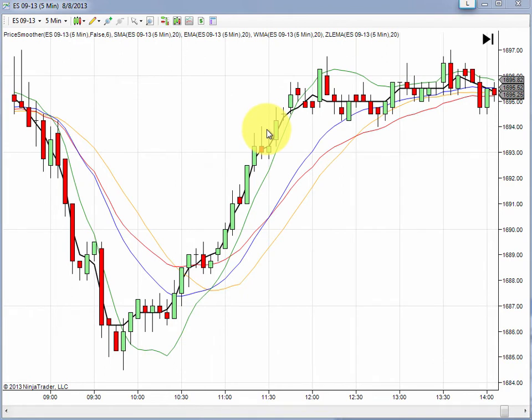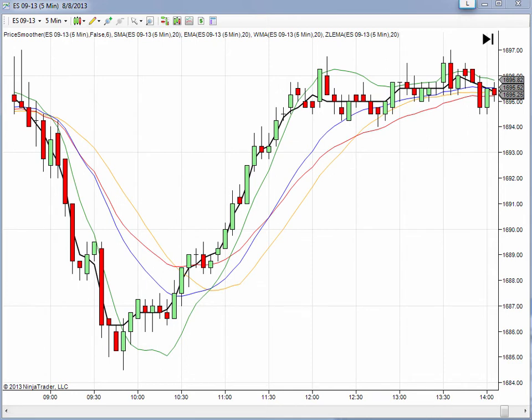It does a better job than the other indicators, but even once the price smoother has flattened out along with price right after lunch, the zero lag indicator sort of overshoots here and then comes back and flattens out right around 12:45 or so during lunch. And so if you are using the zero lag indicator as a signal, you might have erroneously thought that this was a reversal, when in fact the price smoother shows you that price is just going flat right here.